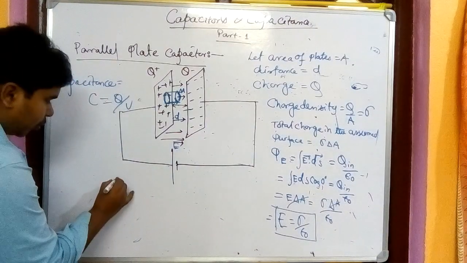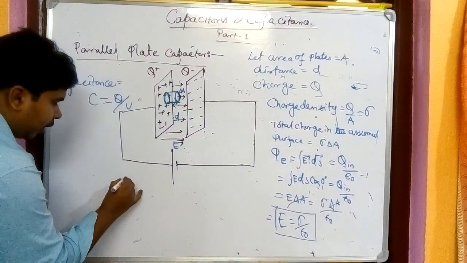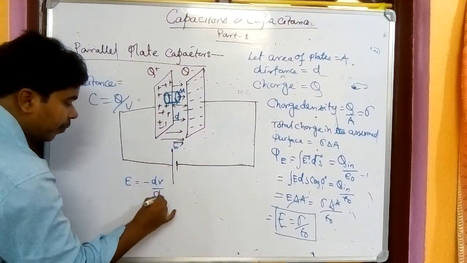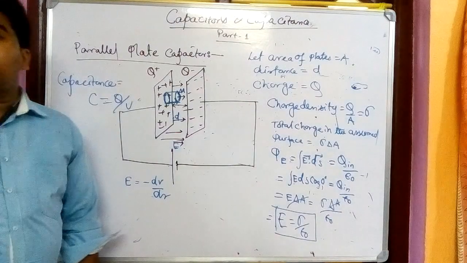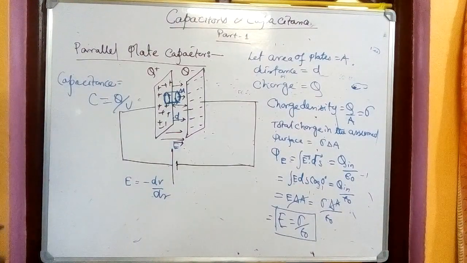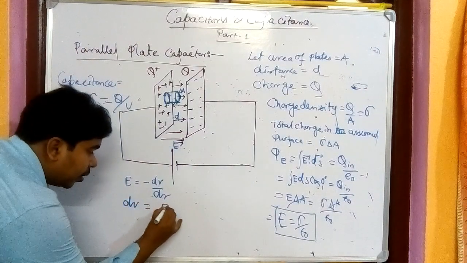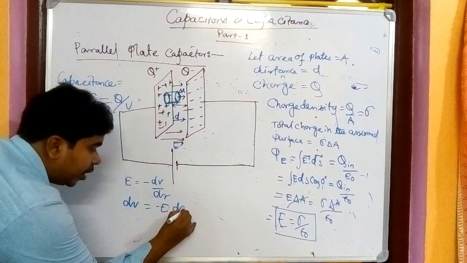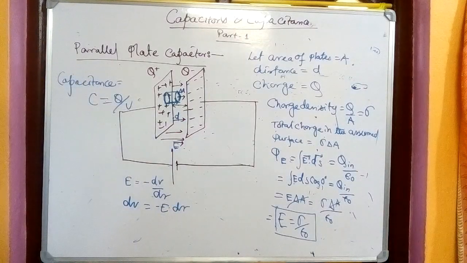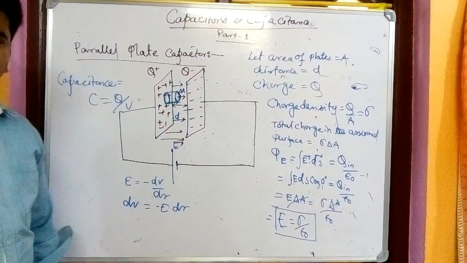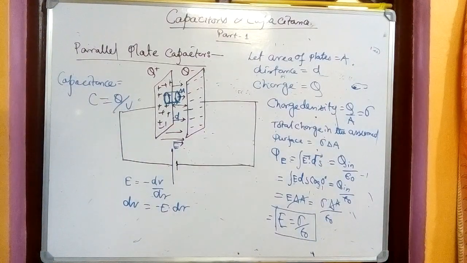We know there is the equation E equals minus dV by dr. We derived in the previous class that E equals minus dV by dr. So from here, dV equals minus E dot dr. Now the question is, what will be the value of E?